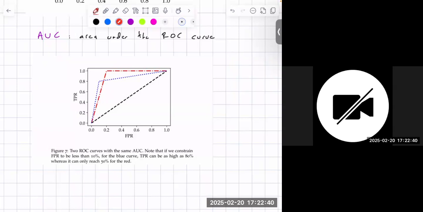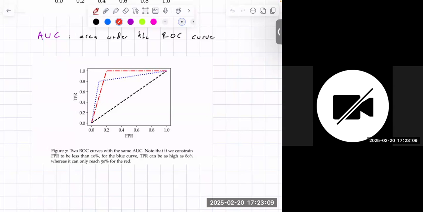Here's an example. You will see two curves. They have the same area under, but their interpretations are rather different. Let's try to go through this. If you look at a false positive rate less than 10%, somewhere here, this one can have a true positive rate of like 80%.